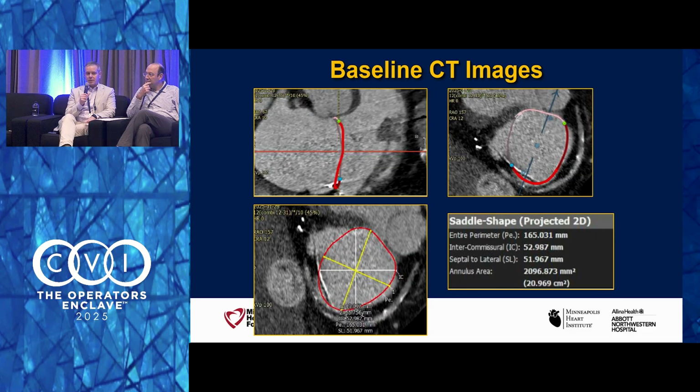This calls into question what were the entrance criteria for RV dysfunction prior to TTVR that we've seen in the TRISCEND 2, and then we just have to go down the pathway of what other imaging modalities you need besides simple 2D echo to understand that best.